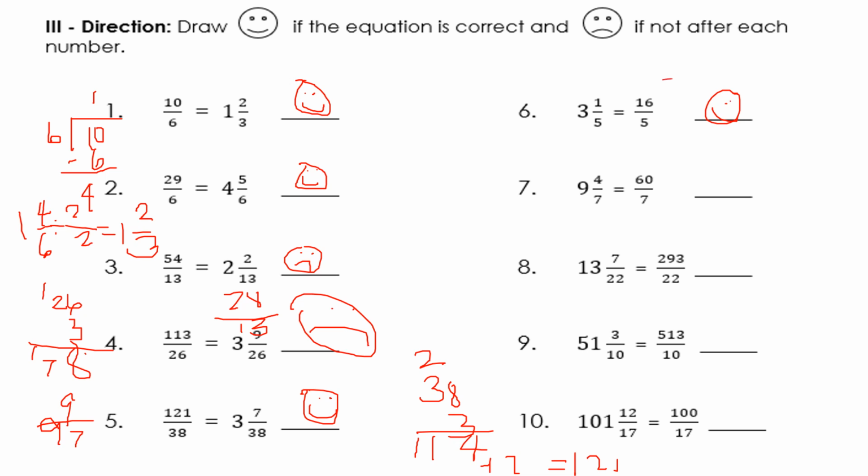Okay. Next, number 7. Let's do the opposite. 60 divided by 7 equals 8, because 8 times 7 is 56. Am I correct? So we have 4.